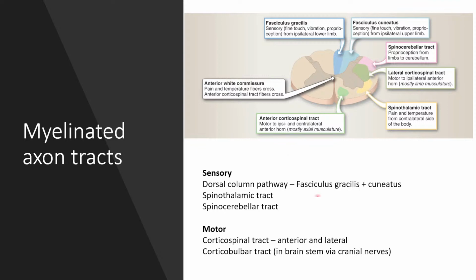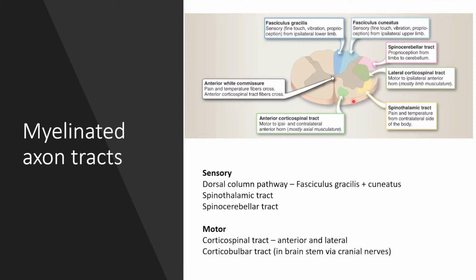Then we have something called the corticospinal tract, and there's two of them. There's the anterior one and the lateral one. Now, this has to do with the decussations. So the anterior corticospinal has motor to the same side, so ipsilateral and contralateral. And this is mostly axial musculature. So this means the trunk muscles, the back muscles, the muscles that are close to the spinal cord are supplied by the anterior corticospinal.